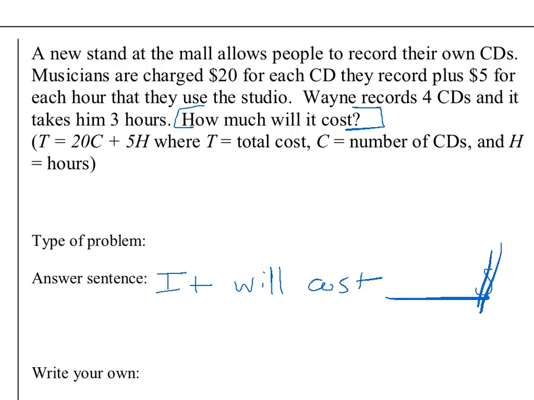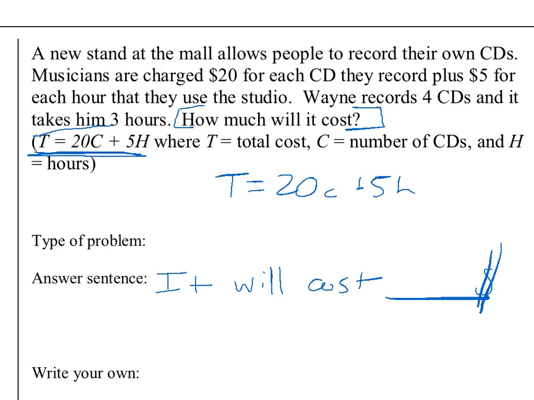So if we're working smart, we know that in order to find the total cost, all we need is this equation. So I'm underlining this equation: T equals 20C plus 5H.